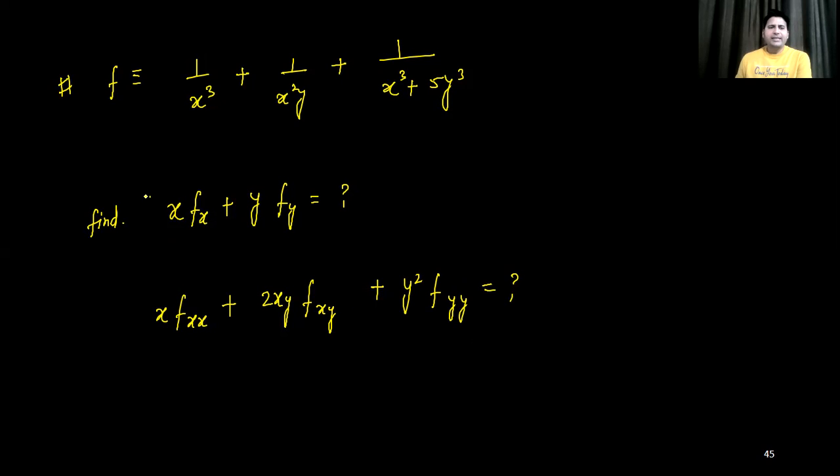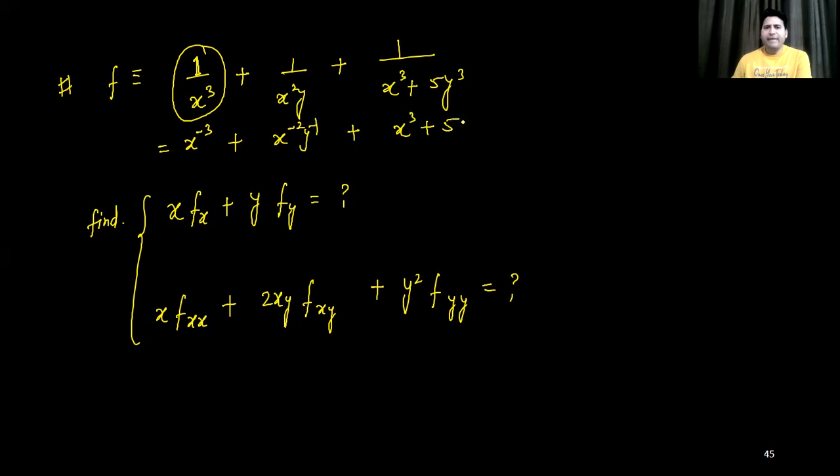Now they are the result of the Euler's theorem. So we should check whether the given function is homogeneous or not. Let us see. This will be x to the power minus 3, or we can say numerator is the homogeneous of degree 0, or we can write it as like that. It will be better like this, plus x cube plus 5y cube to the power minus 1, like this.